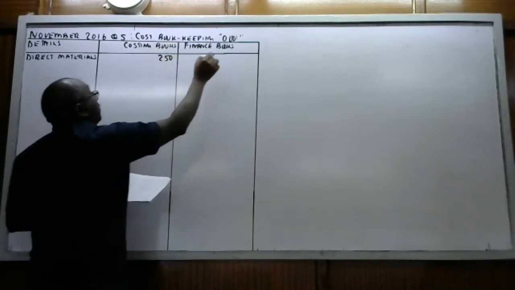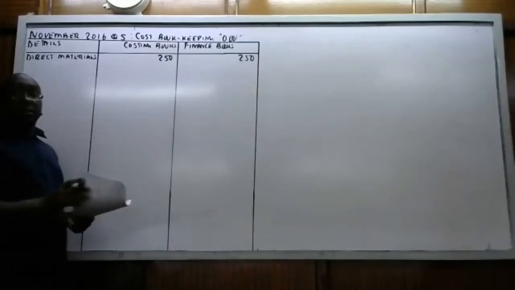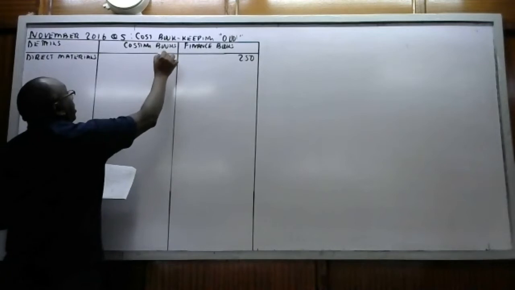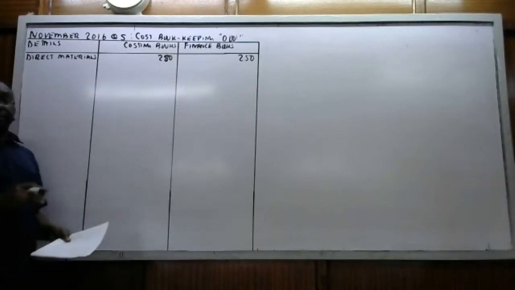So you record it here, 250. Sorry, for additional information number 1, in cost accounting, materials were 280. That's 280 there.